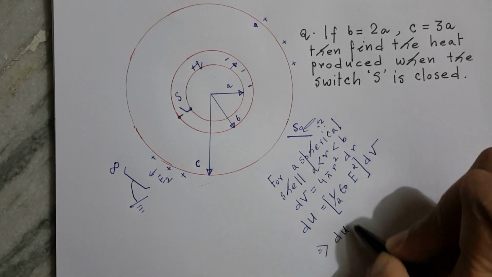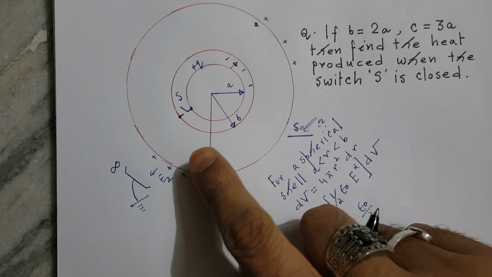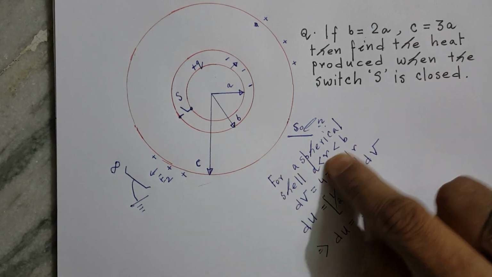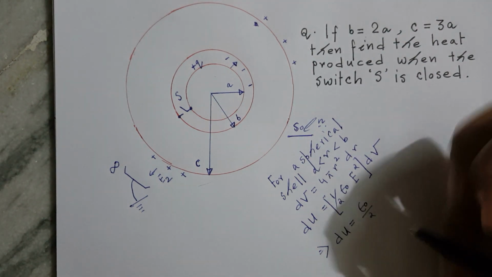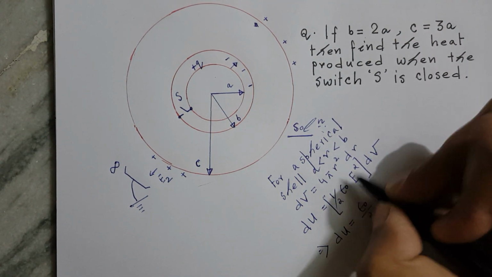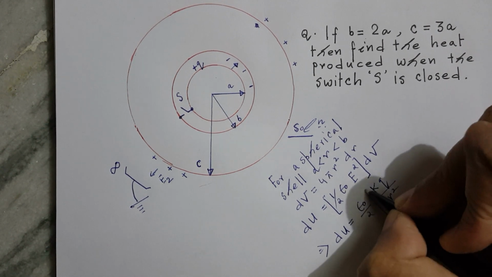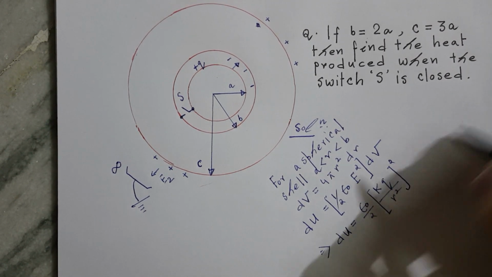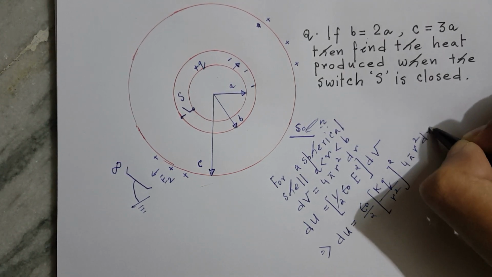So dU is equal to epsilon 0 by 2 times the electric field squared. What is the electric field in the shell, r greater than a and less than b, somewhere in the annular shell of thickness dr? So epsilon 0 by 2, we can write kq by r square, whole square, and the volume is 4 pi r square dr.